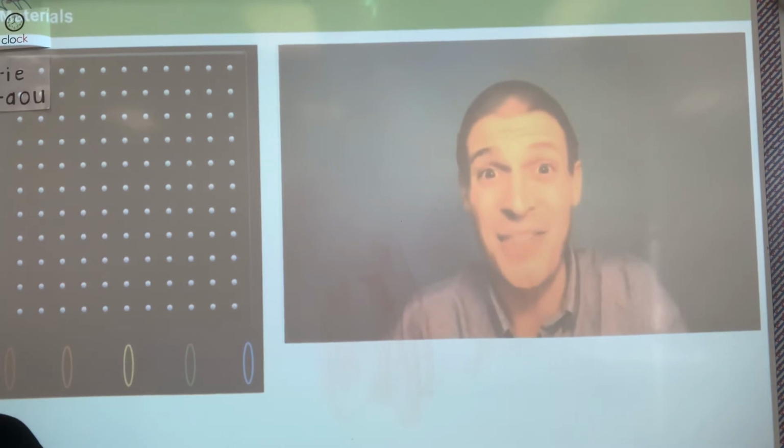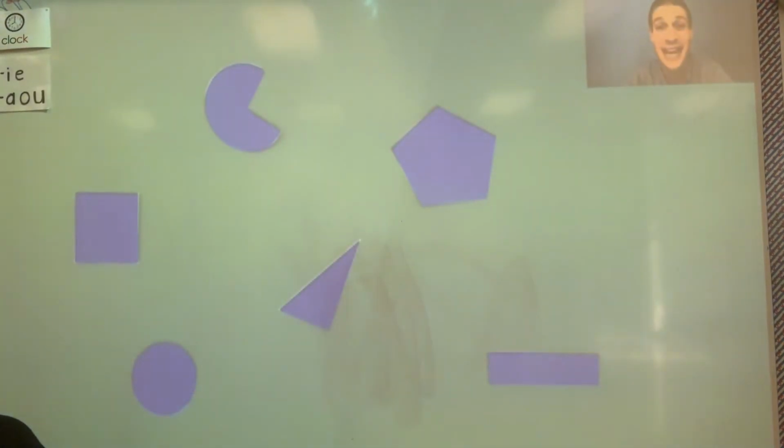You're ready to start the lesson. Here are some of the shapes that you looked at in yesterday's lesson. Pause your video and tell your friend, what do you notice about each shape? Use some of those words that you used yesterday to describe each shape.